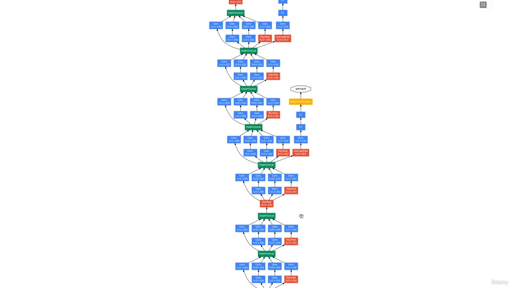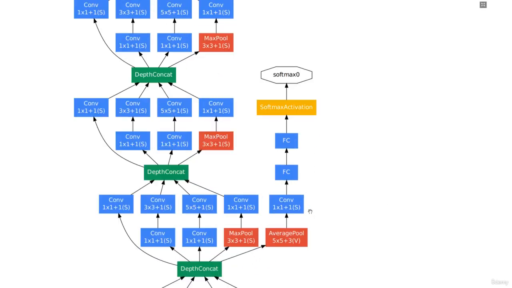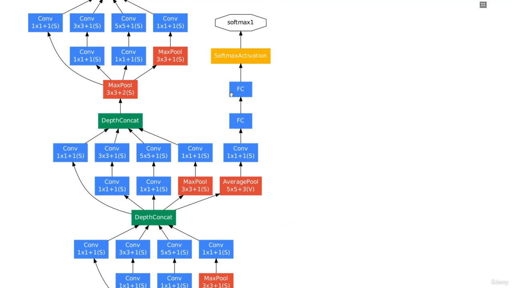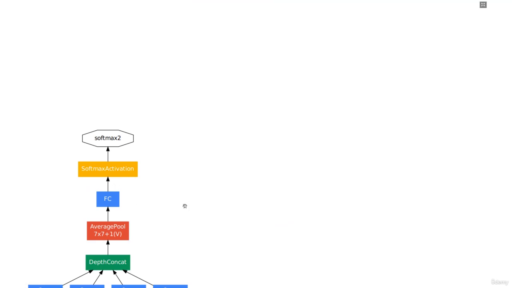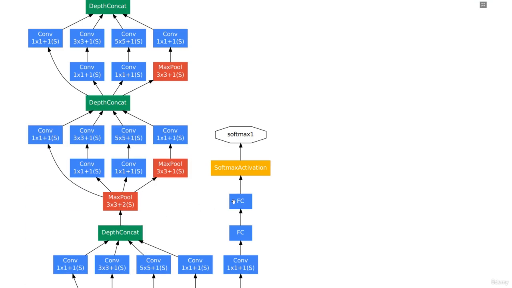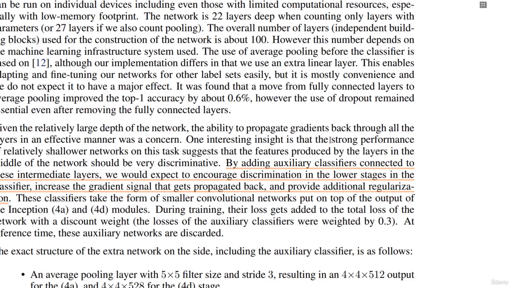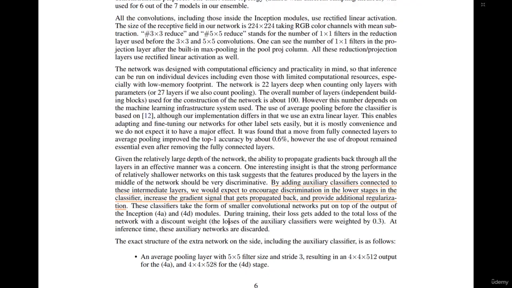And if you had noticed, there are also some auxiliary layers which have been added. So right here, after this concatenation, we have this average pool, conv layer, fully connected, and then the softmax activation. And this is similar to what we get at the output we have here. Now, let's reduce this by adding auxiliary classifiers connected to these intermediary layers.